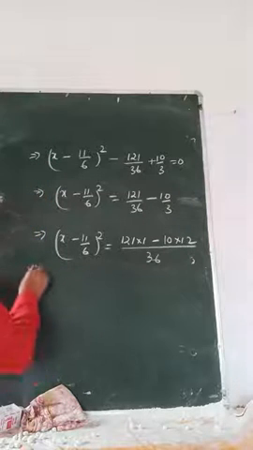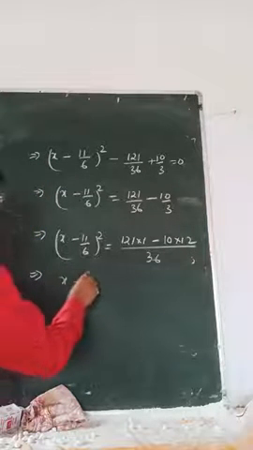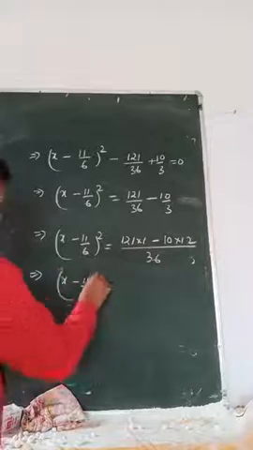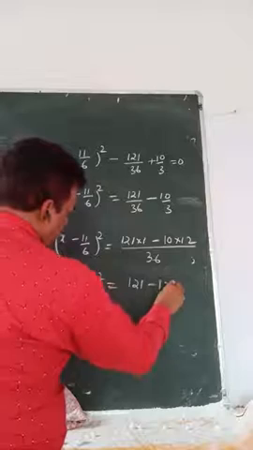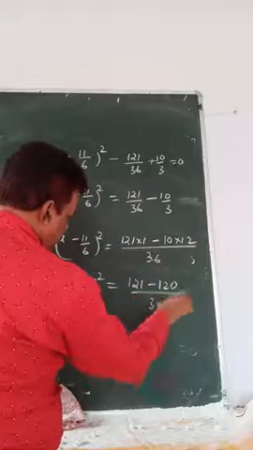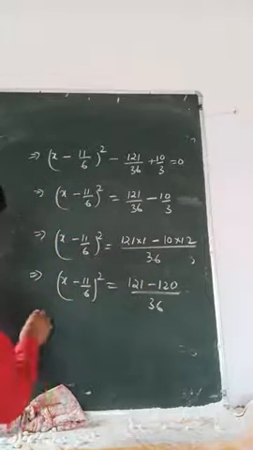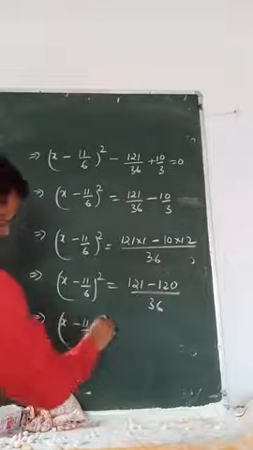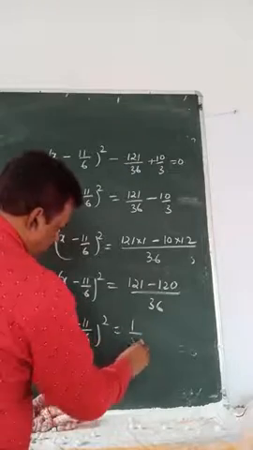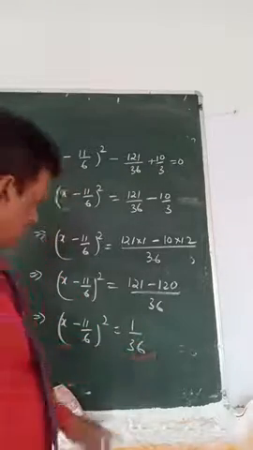So implies x minus 11 by 6 whole square, 121 minus 120 by 36. x minus 11 by 6 whole square is 1 by 36. Now it is simplified. So what it will do?